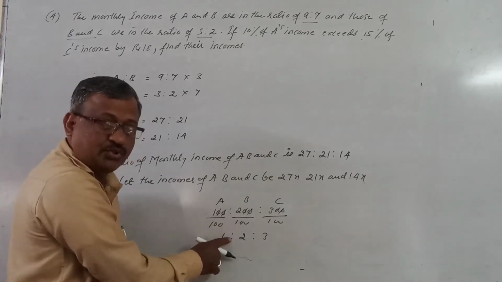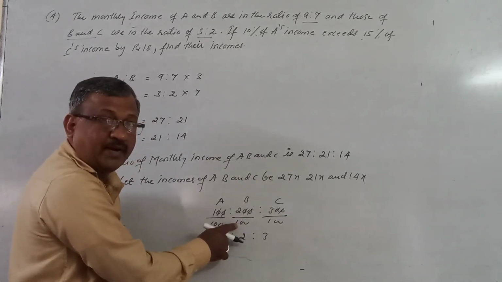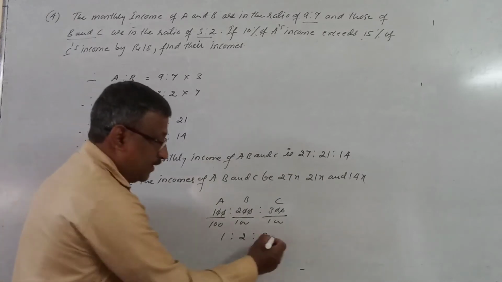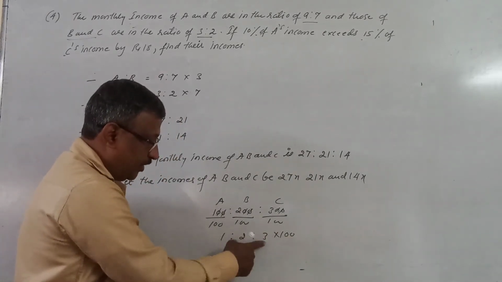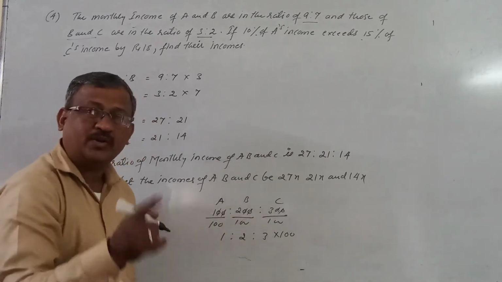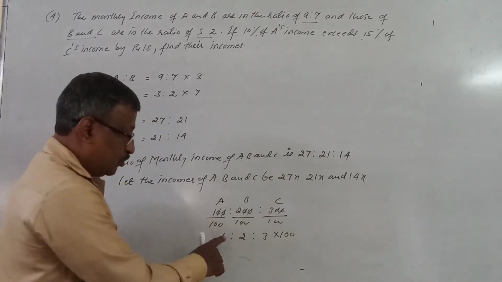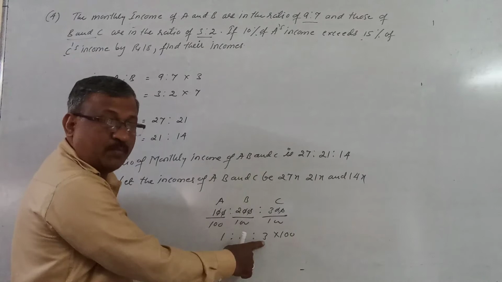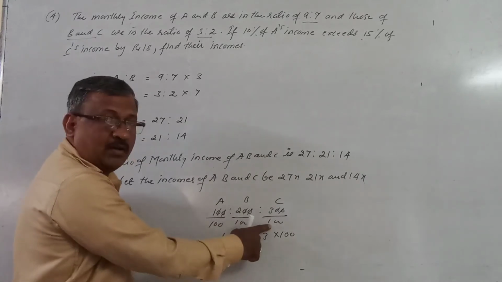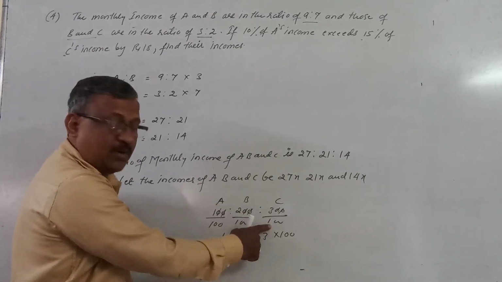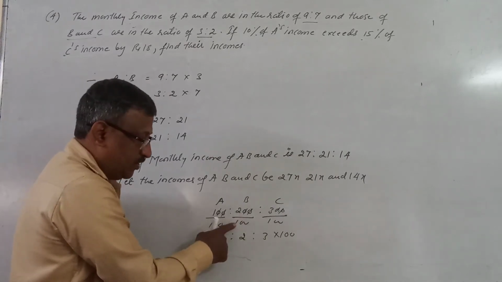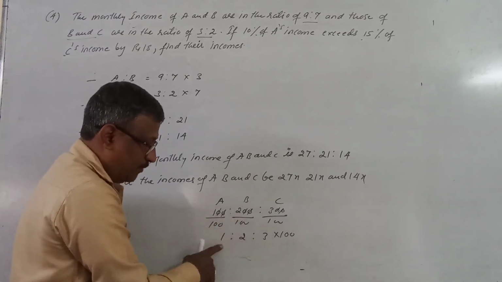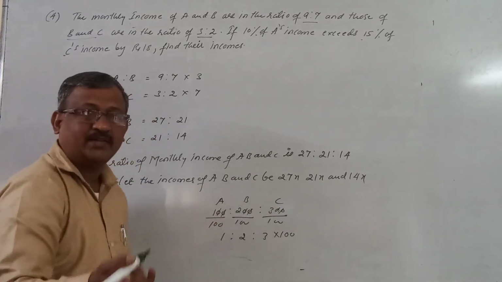To get this ratio, by which number did you divide? 100. So if you multiply the same ratio by this number again, we get the incomes.